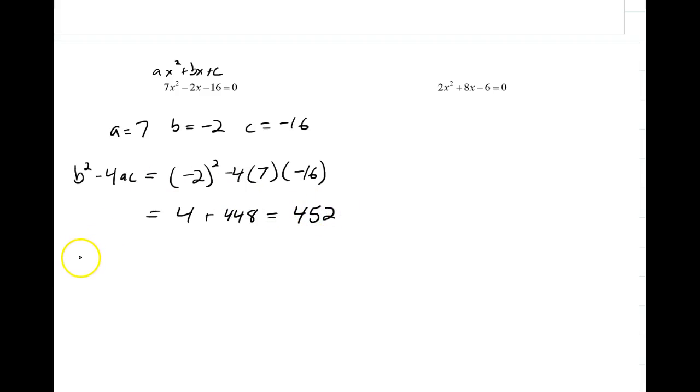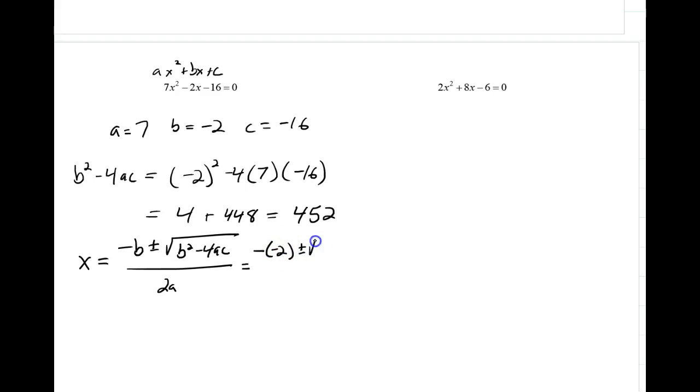And so now when we go to the quadratic formula, -b plus or minus the square root of b squared minus 4ac all over 2a, by already evaluating the b squared minus 4ac, it just saves me a little bit of steps. My b is -2, so -2 plus or minus the square root of 452 all over 2 times a, which is 7.